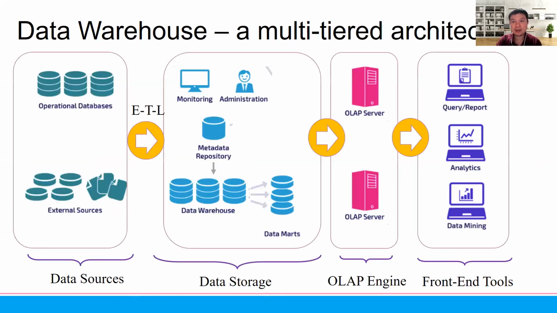The idea of this data warehouse is a multi-tier architecture. Multi-tier architecture means there will be some steps. The first tier is the data source. You have the operational database, you have the external sources, and you will use everything and do the ETL. What is ETL?